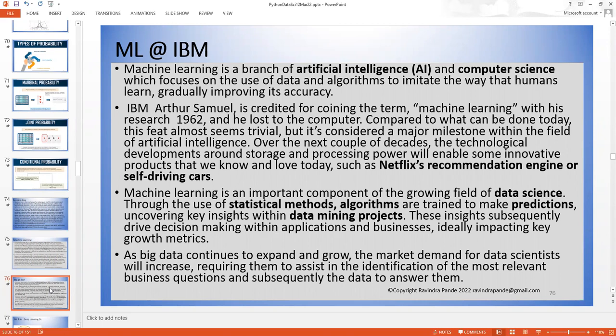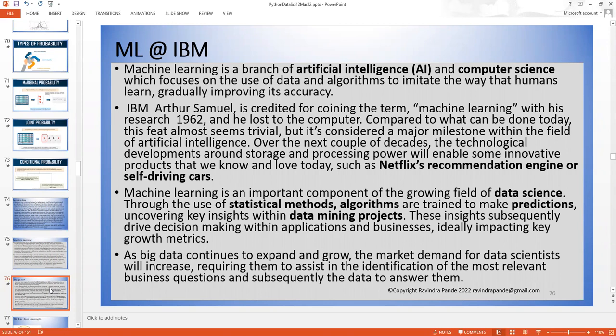for a data scientist. Machine learning is an important component of the growing field of data science. Through the use of statistical methods, algorithms are trained to make predictions. Now, prediction means business inferential decisions which can come out of a program. That's a kind of proactive predicted solution for a given data scientist solution, right?